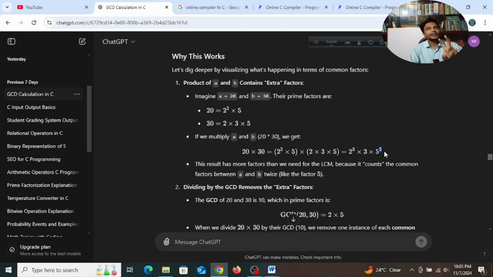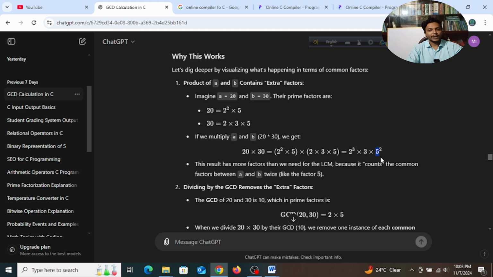Okay, but we can't exclude any common number, so we can't exclude 2. So we have to take 2, but we will take the least minimum, because we are checking what the minimum number we can divide by 30 and 20, right? So we will take only one 2 and one 5.